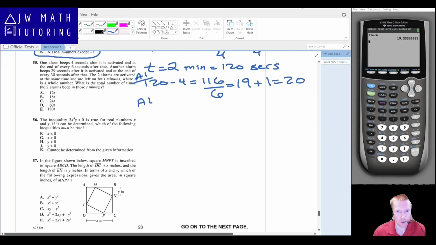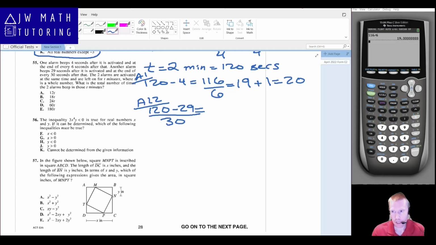For alarm 2, I'm going to use the same process. The first time it beeps is just going to be at 29 seconds. And that means if I subtract that from the 2 minutes, or the 120 seconds, and then divide that by 30, I'm just going to have, let's see, 120 minus 29, 91 seconds remaining, then divided by 30 seconds.